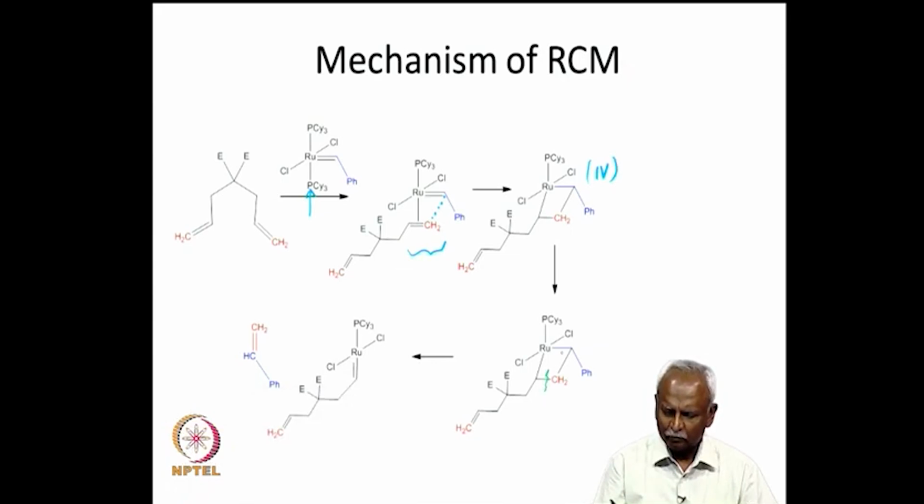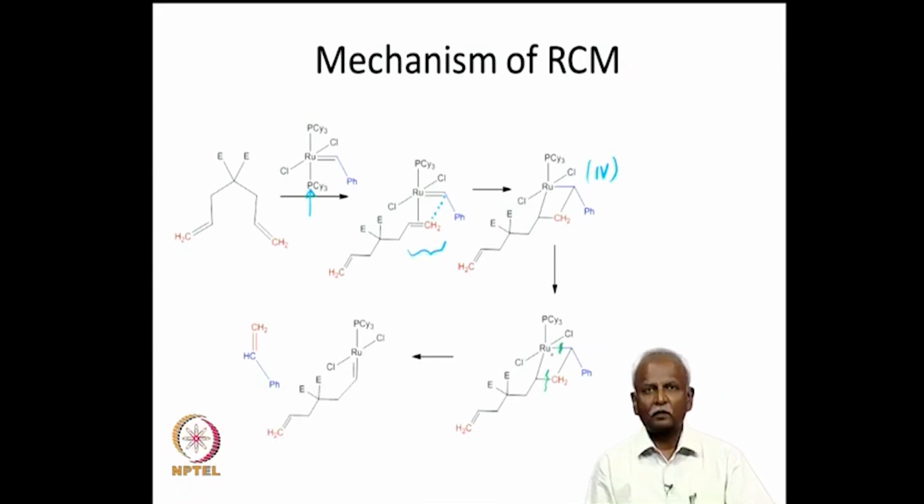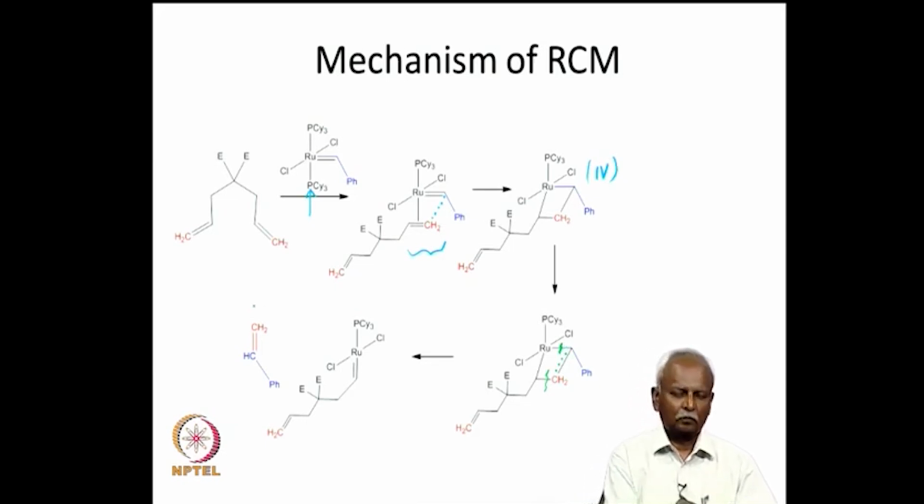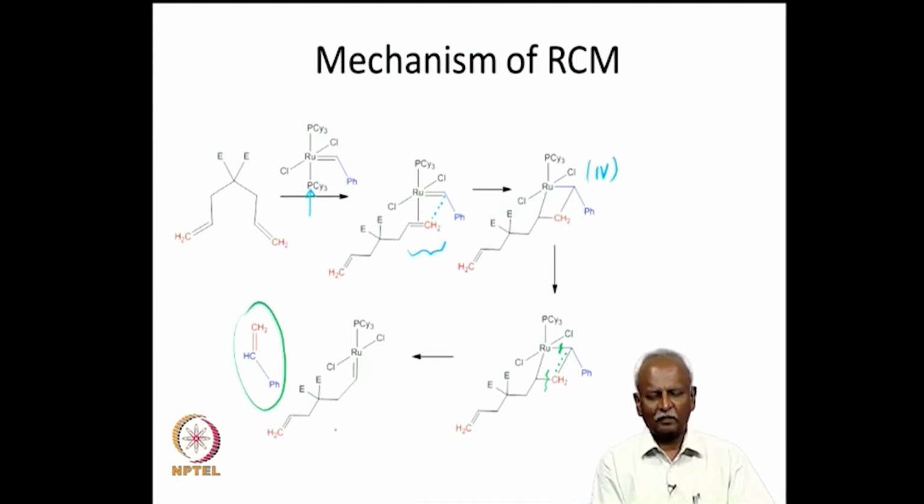I break these 2 bonds and form a new carbon-carbon double bond. If I form a new carbon-carbon double bond, then I end up with this product eliminated and I have an alkylidene group, where the starting material is now coordinated to the ruthenium.